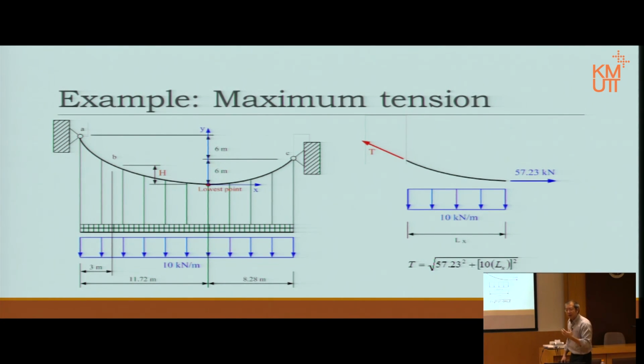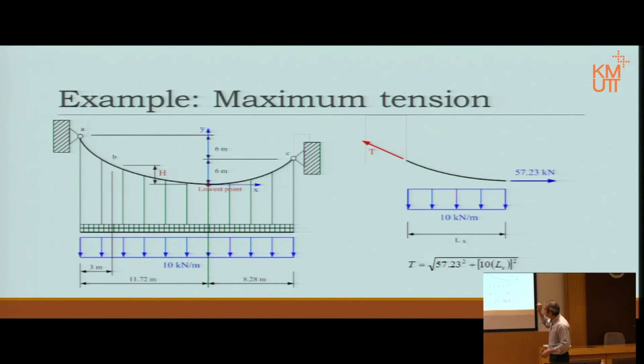If Lx reduces, T becomes smaller. So basically we should go for the place where you have the maximum span. In that case, the maximum span from the lowest point, origin, to point C is only 8.28. But on the left-hand side, again, this is not coordinate x, this is just the length, the span, it is 11.72, which is bigger, of course.